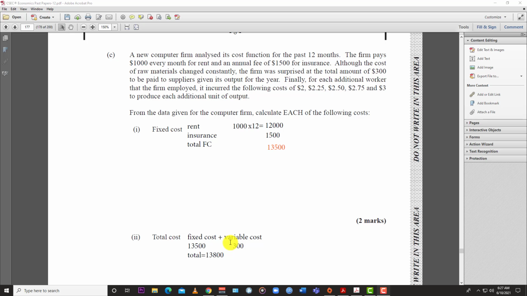So for the year, they have to pay $300 in variable costs. And so we have our fixed plus our variable, and that gives us our total cost, and that's $13,800 right there. All right, so that's your total cost.